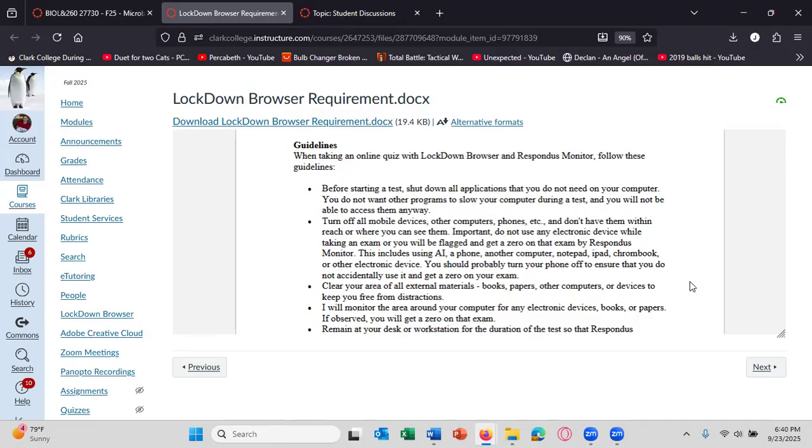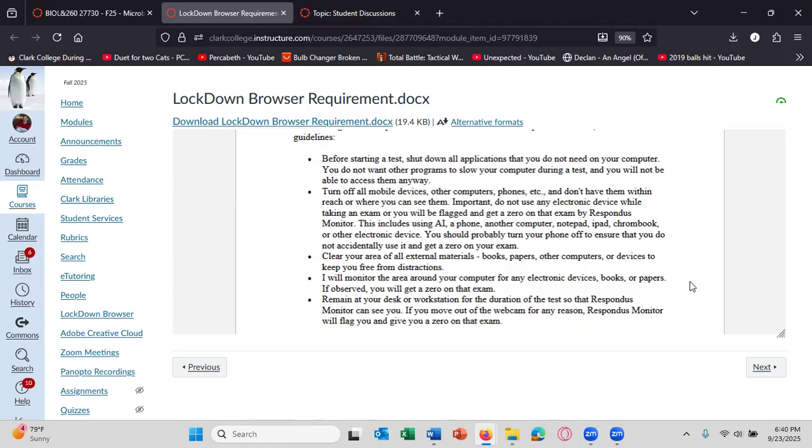You should also turn off your phone, get it out of reach, and have no AI, no phone, no computer, no notepad or other electronic device, no notes, no books within your desk, within reaching area. I'll monitor the area around your computer for any of these, and if observed, you'll get a 0 on the exam. Remain at your desk or workstation during the entire test.